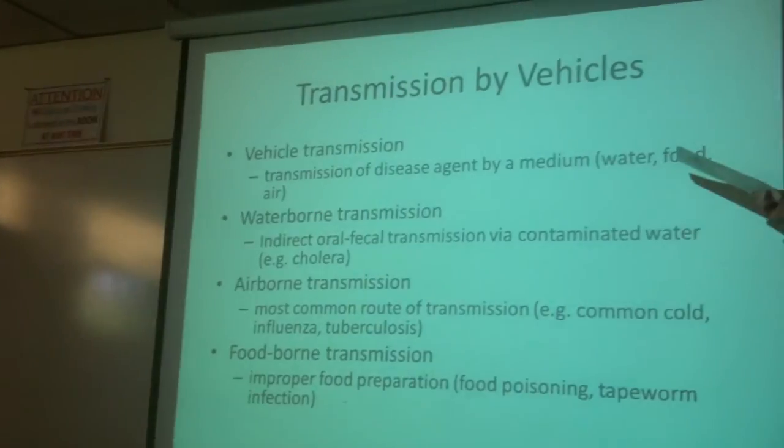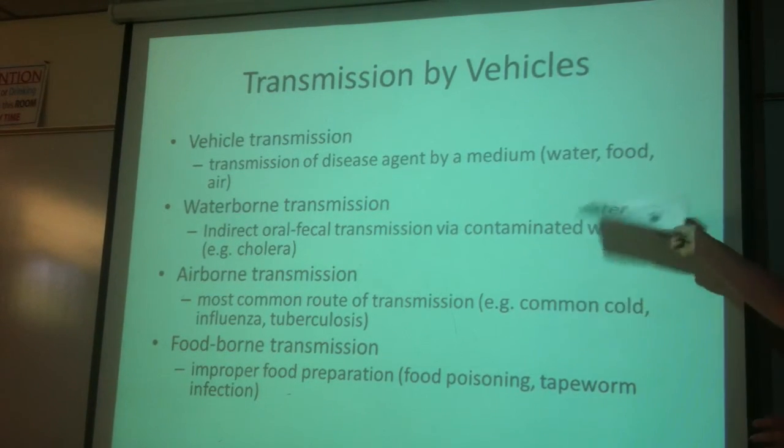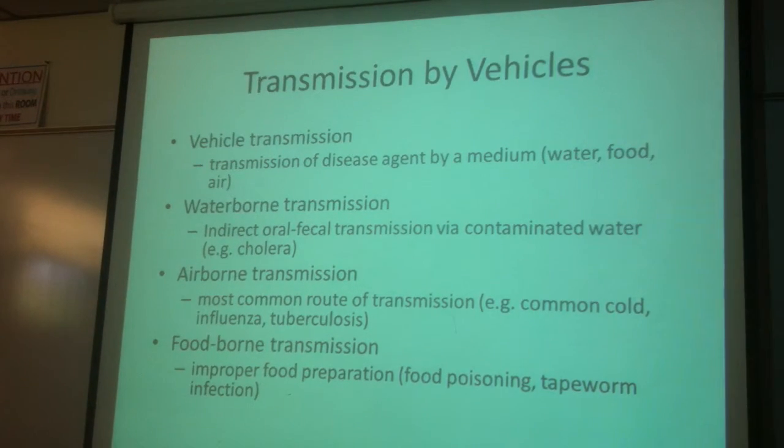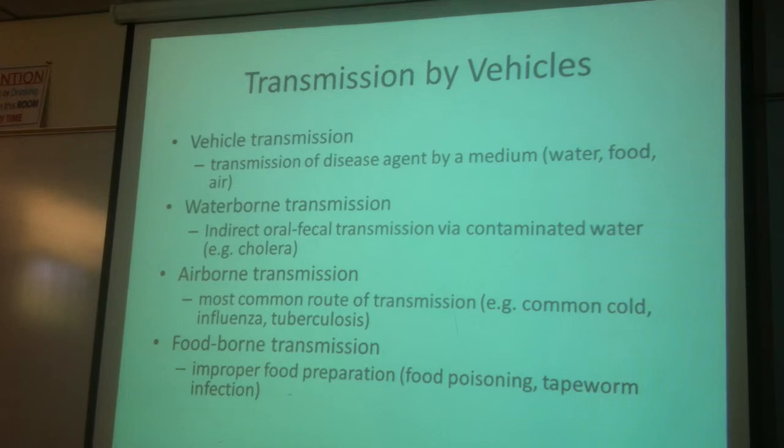It's either being carried by water, by food, or by air. This is the big category that all of these are in: waterborne, airborne, and food. Oh, so waterborne is a part of vehicle transmission? So are air and food. They're all vehicles, because there's some kind of vehicle that's transporting this to you. Oh, okay. Make more sense? Yeah. Okay.